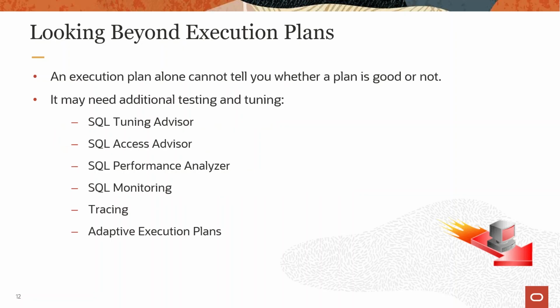For that you have several tools like the SQL Tuning Advisor and the SQL Access Advisor. You can use the SQL Performance Analyzer to see what the effect is of a change that you have made upon a collection of SQL statements. You can use real-time SQL monitoring, you can trace, you can even make use of adaptive execution plans. But an execution plan on its own does not tell you whether this is a good or a bad plan, but there are tools that can help you analyze this.